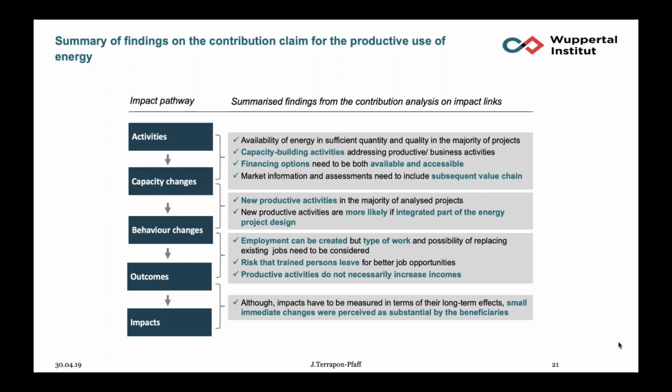Financing options need not only to be available but accessible, because often they are available but not really accessible for a small-scale entrepreneur at a local level. Market information assessments need to include the subsequent value chain, not only that there is a demand for, for example, a product, but also how to get it to the market and how much the customers are really willing to pay for such a product.